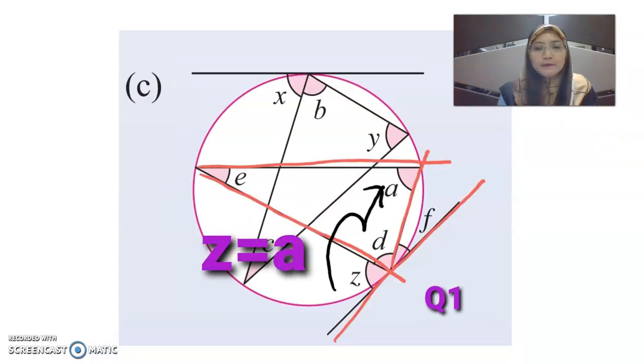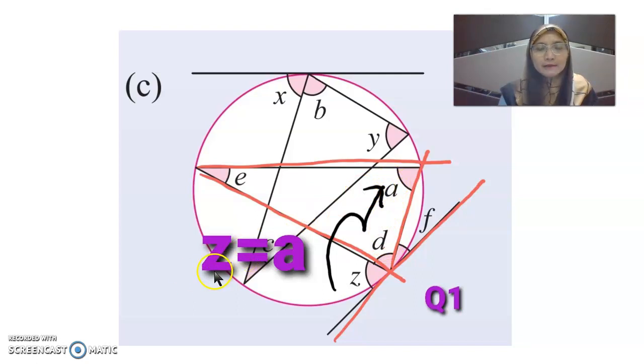Let's see the first tangent. The first tangent is attached to this triangle. Focus on its exterior angle. Exterior angle Z jump into opposite.